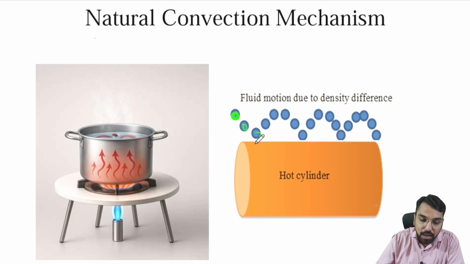While getting in contact with this hot cylinder, it will gain heat and lose density. That's why it will rise up. And again the newer particle, which has a higher density, will sink to the hot cylinder or surface here, and when it gets in contact with this hot surface, it will again lose its density and rise up, and this is what is called a convection current.